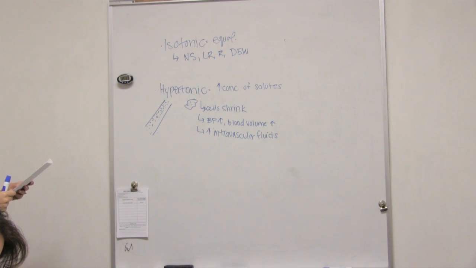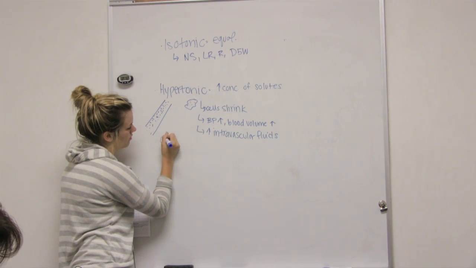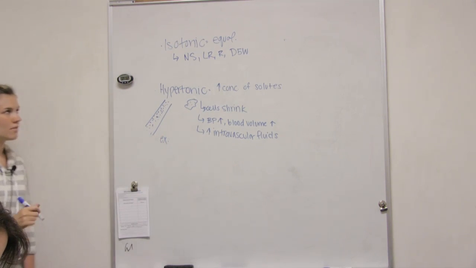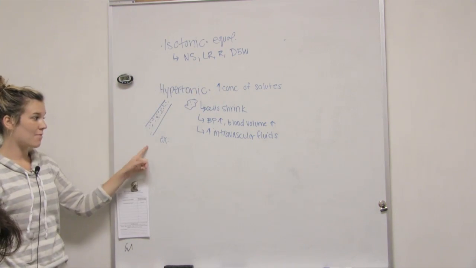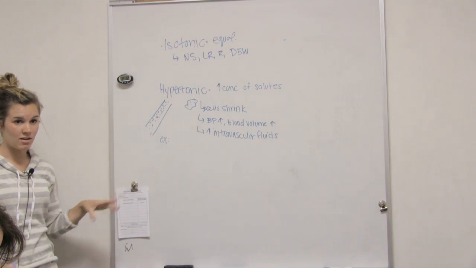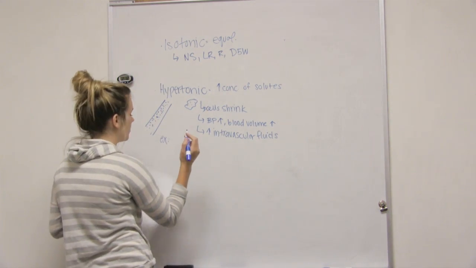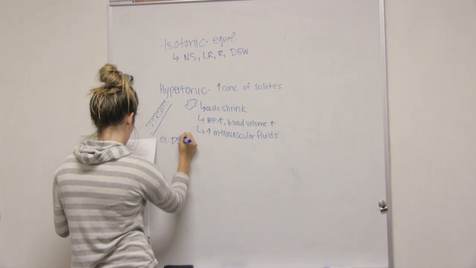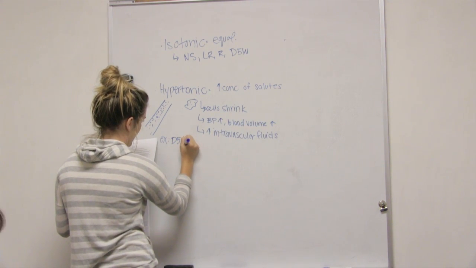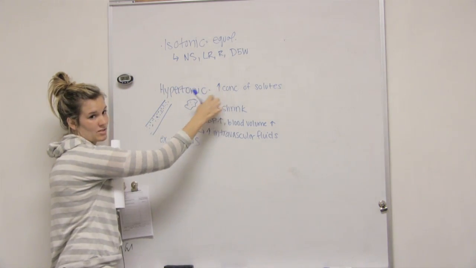So what are some examples of this? It's kind of hard to remember, but the way I remember is isotonic is the normal ones, the basics. Hypertonic, since it has an increased concentration, is all these solutions that are combined. When you have D5 half NS, you're combining two solutions, so it's going to be higher concentration, so it's hypertonic.